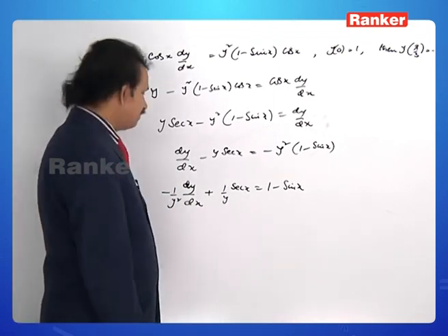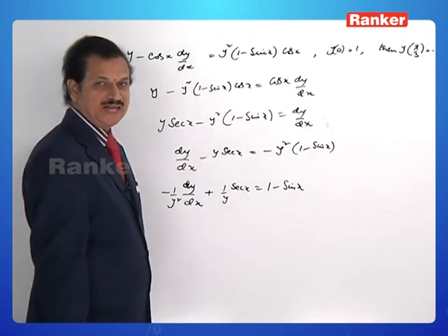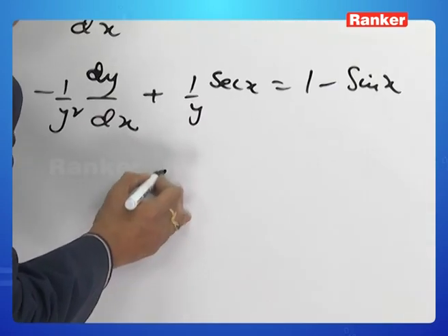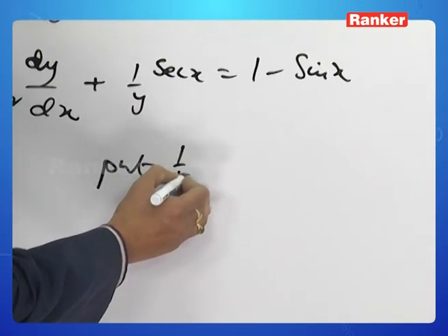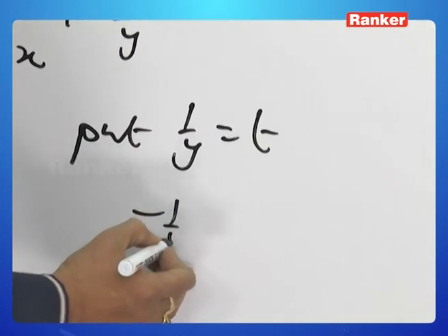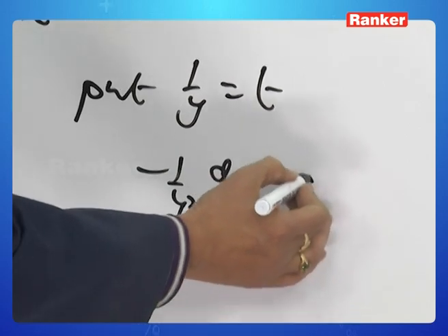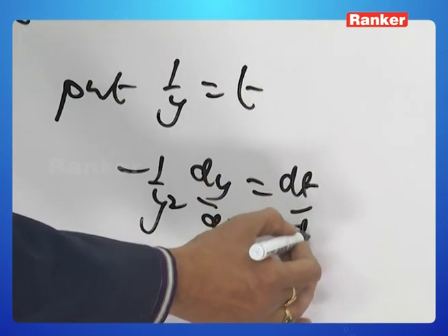Okay, what is my plan? I like to take 1 by y as t. Put 1 by y is equal to t. Automatically, minus 1 by y square dy by dx is equal to dt by dx.